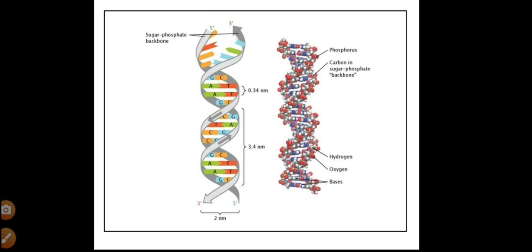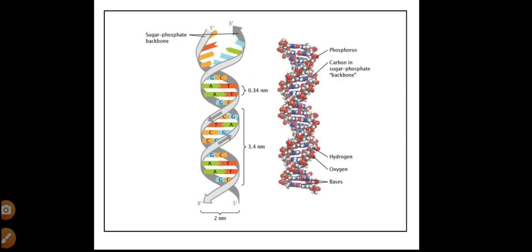Let's come to some of the features. Here the double helical structure has nucleotides. The two strands are parallel to each other and run in opposite directions. Each helical strand is composed of four types of nucleotides.